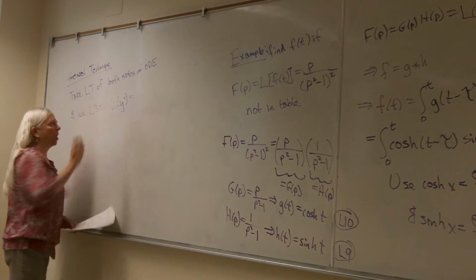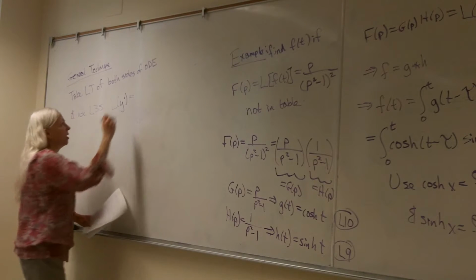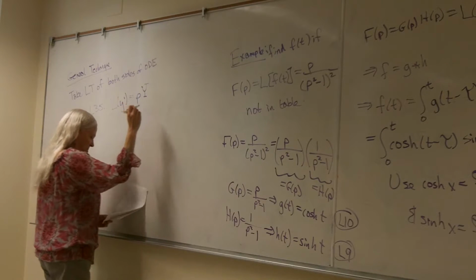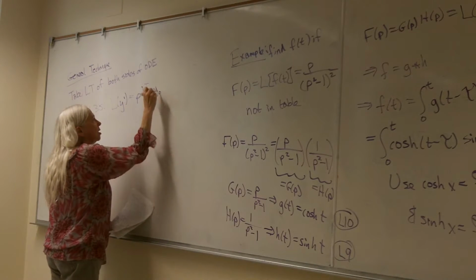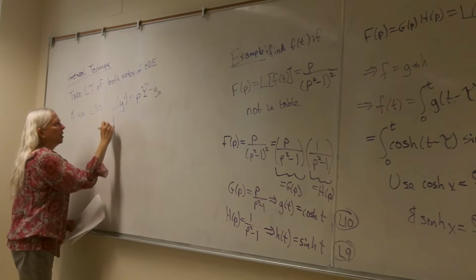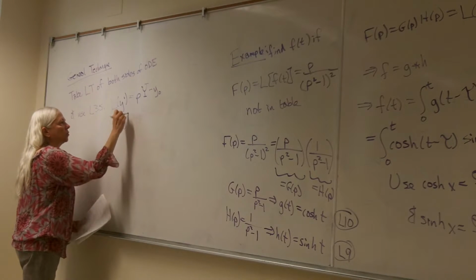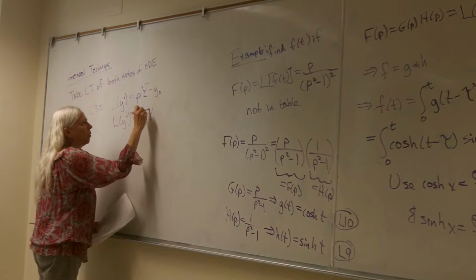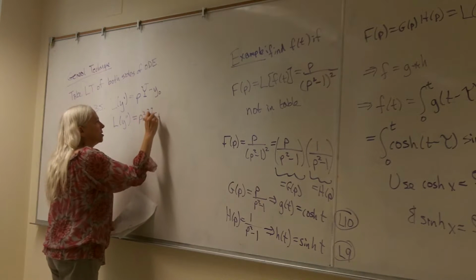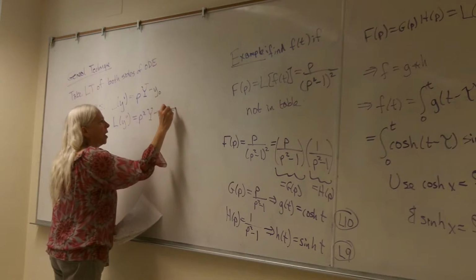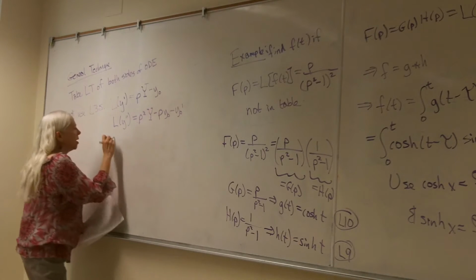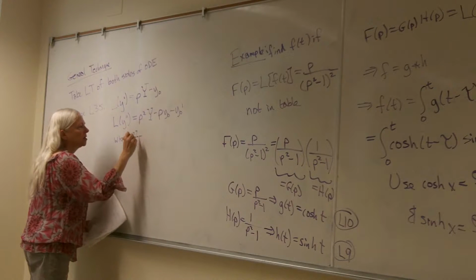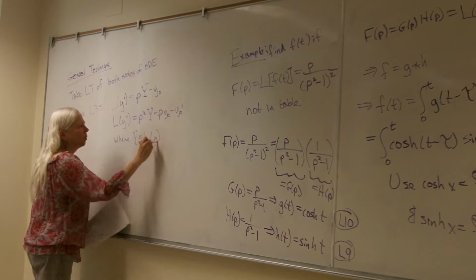It says that the Laplace transform of y prime is equal to p times capital Y minus y naught. And it says that the Laplace transform of y double prime is equal to p squared times capital Y minus p times y naught minus y naught prime. And remember that capital Y here stands for the Laplace transform of little y.